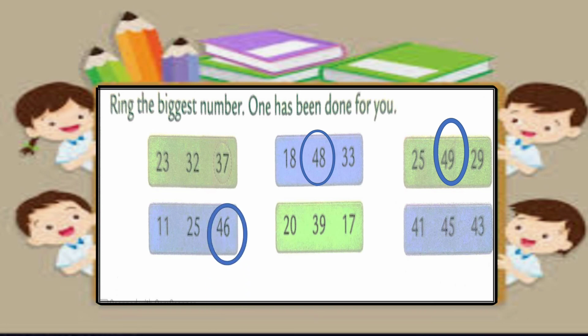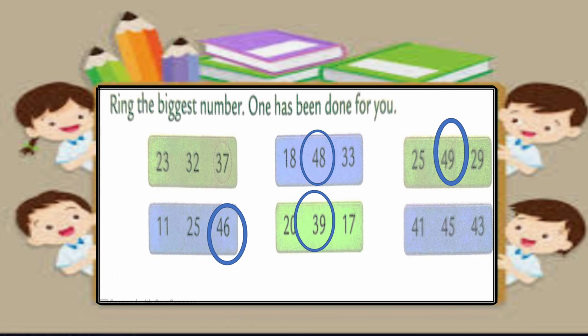It is 46. So move on to the next. 20, 39 and 17. So here 39 is the biggest number. We have to make a circle around it.